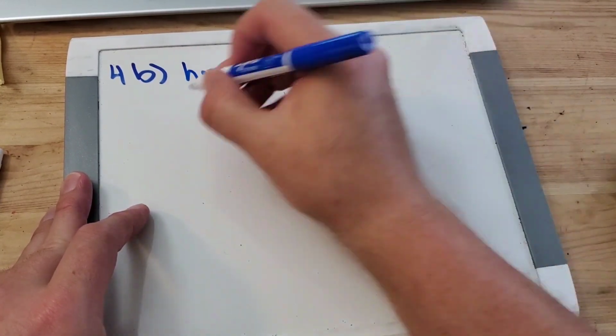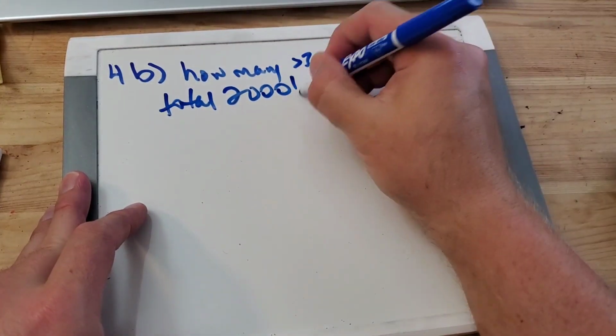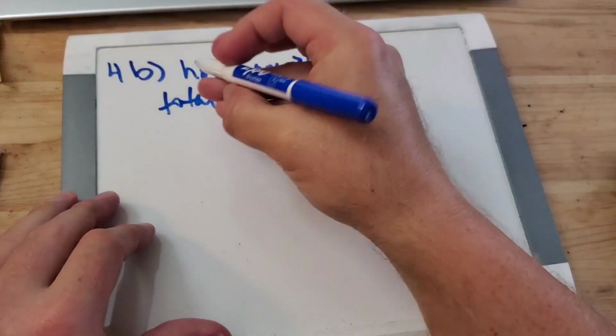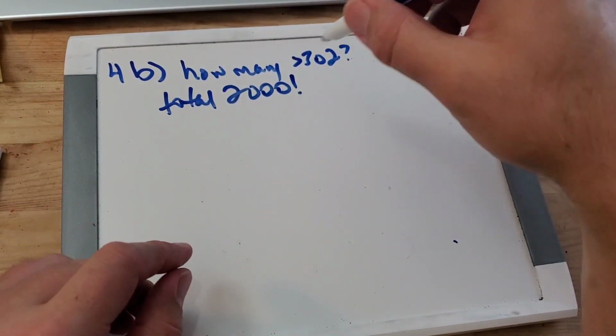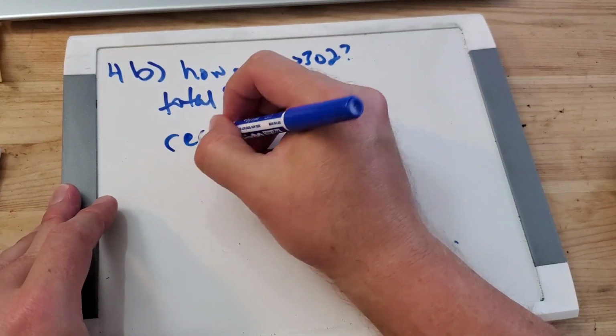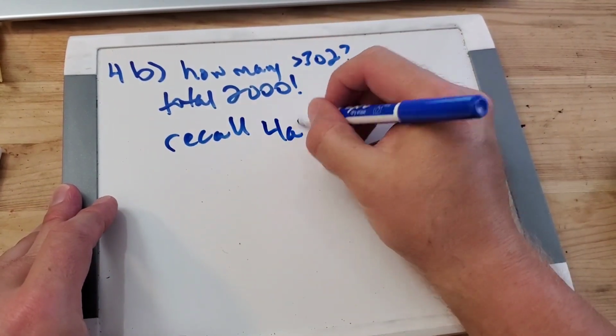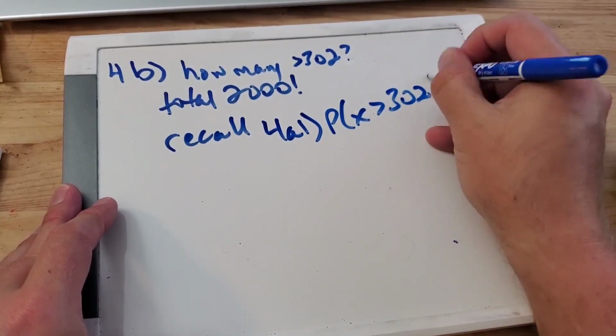And I knew there's a total of 2,000 students. If I knew the percentage that got greater than 302, I could just take the percentage of 2,000. From recall, in 4A1, we did calculate the percentage of more than 302.